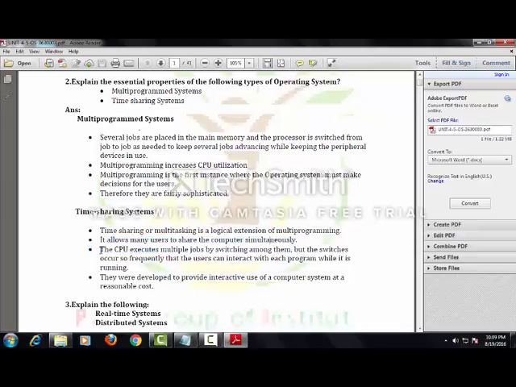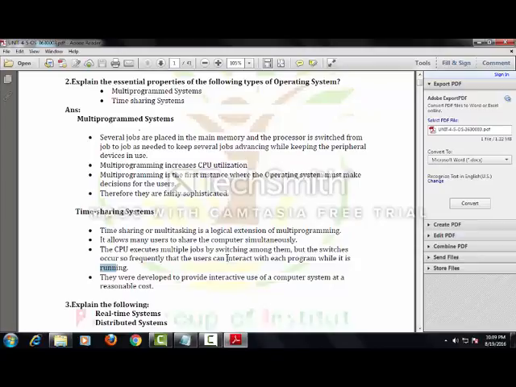Third point, the CPU executes multiple jobs by switching among them, but the switches occur so frequently that the users can interact with each program while it is running. As I told you, the CPU frequently switches from one job to another, taking a very small fraction of a millisecond.